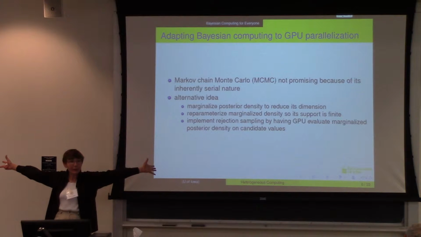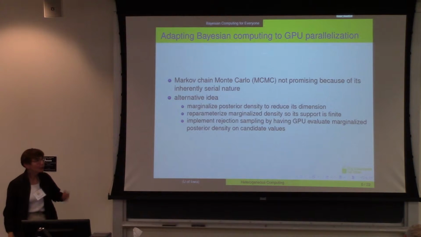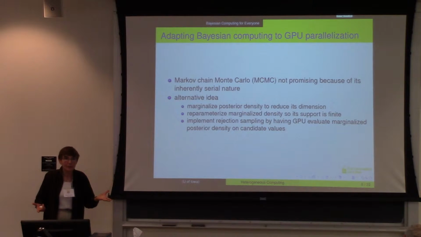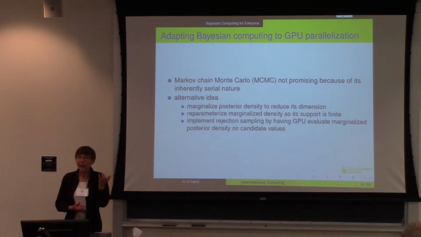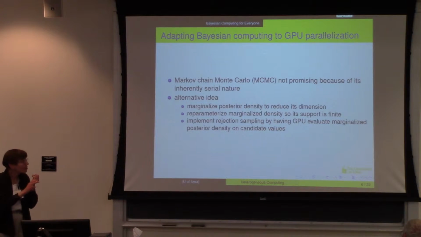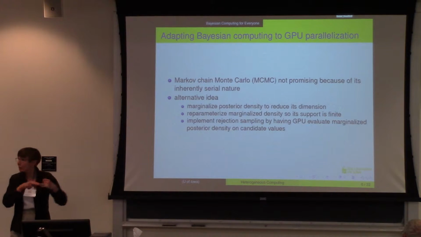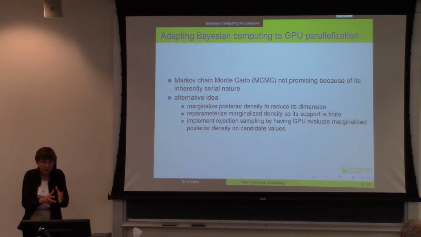We can't throw everything out to 1,000 GPU cores and tell them to go at it. So my alternative idea, which is certainly not unique to me, but happens to work very nicely in the class of hierarchical spatial models, is let's marginalize our posterior density. So we bring it down from a high dimensional domain to a very low dimensional one.